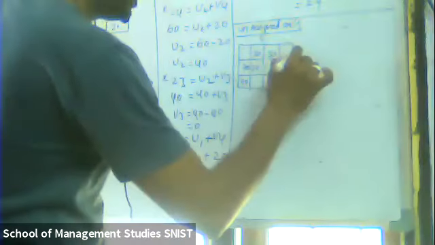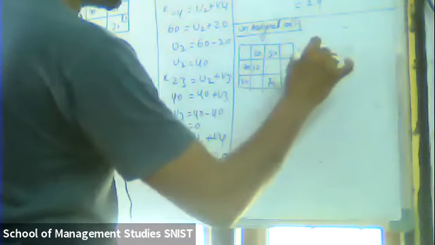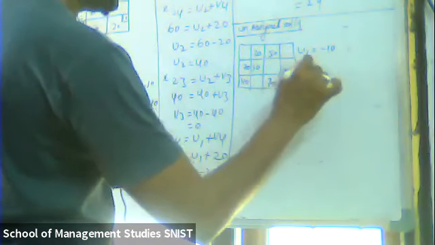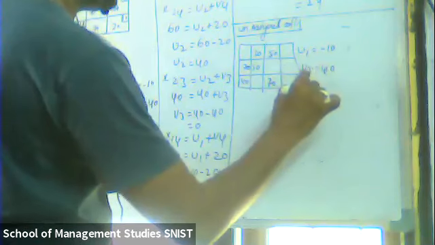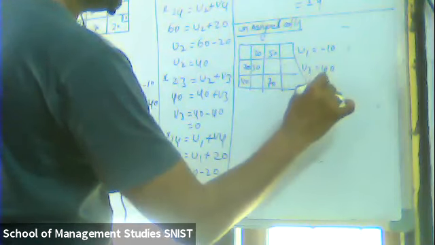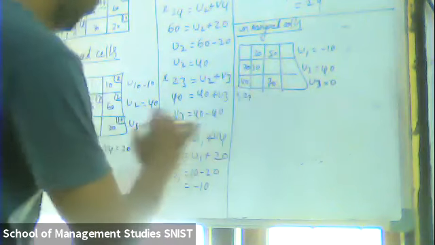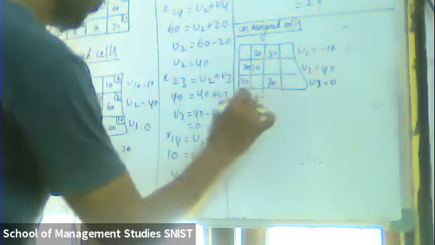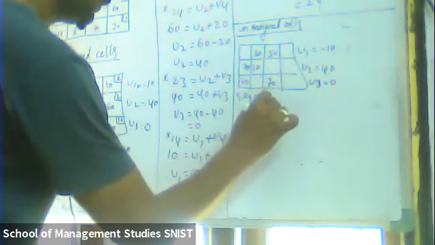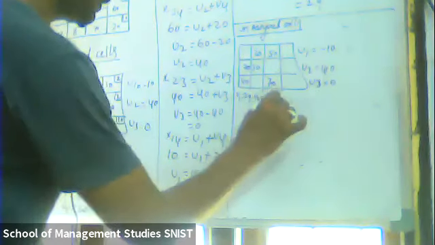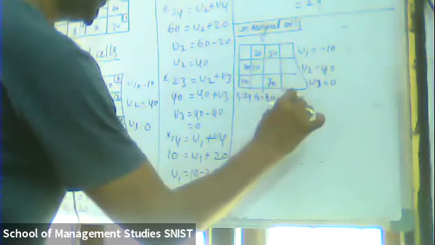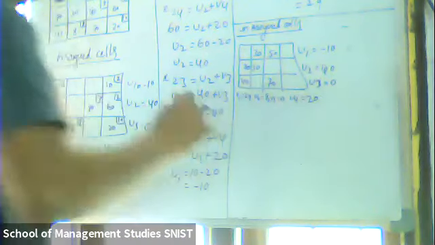Are you following? So u1 equals minus 10, u2 equals 40, u3 equals 0, v1 equals 29, v2 equals 8, v3 equals 0, v4 equals 20.